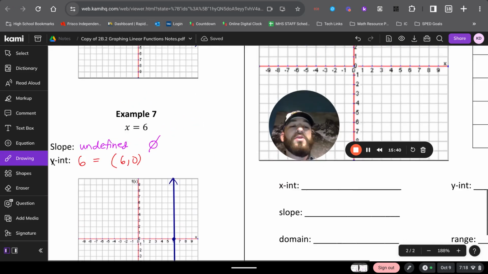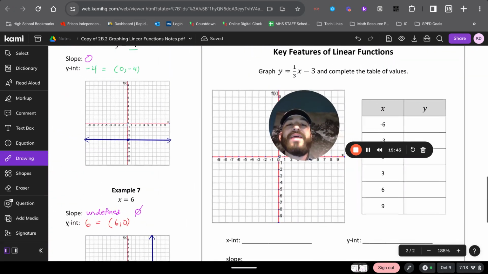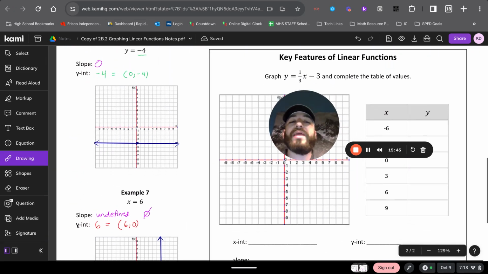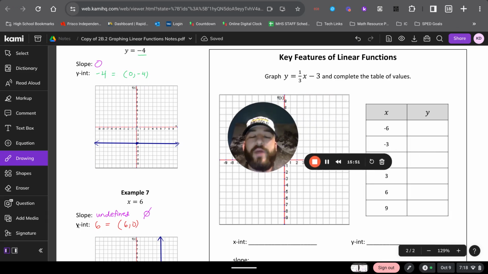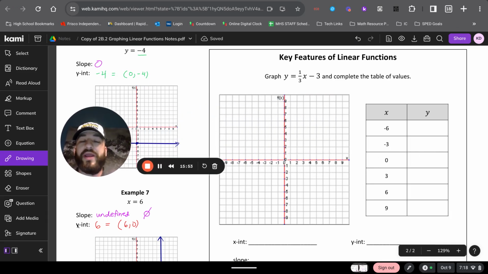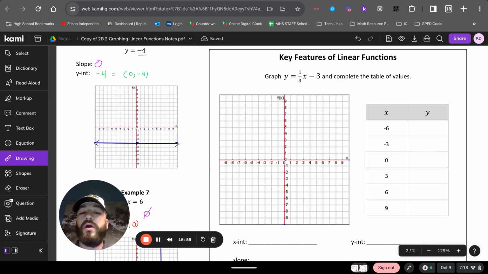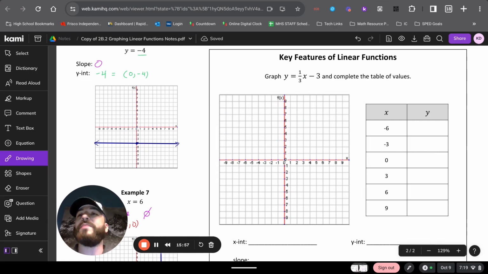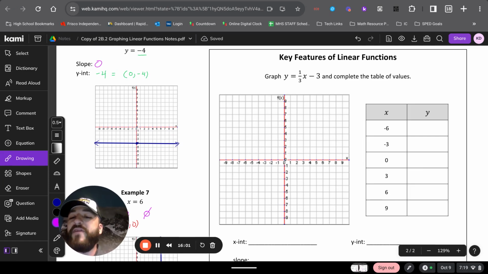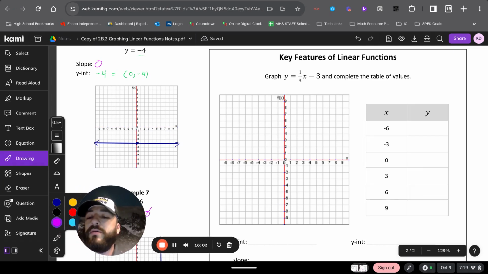Okay, so to finish up, kind of a capper on today, we're going to bring in some of those key features of linear functions. And we've talked about kind of all of these throughout these notes already. And these should be familiar and kind of a review of what we did at the beginning of the year in Unit 1 with functions. So let's go ahead and graph our function first.